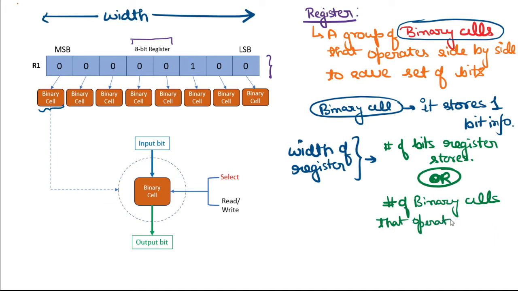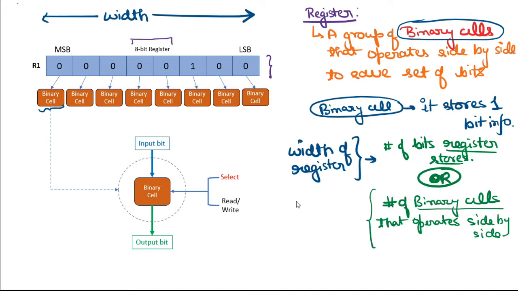Since each bit is stored by one binary cell, the width of a register is the number of binary cells that operate side by side to make this particular register.